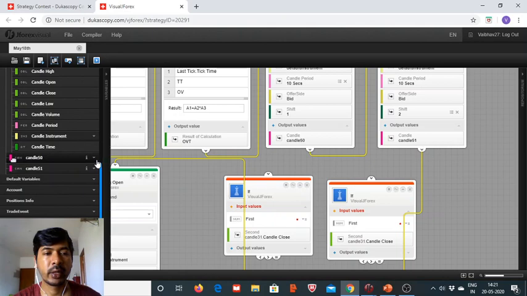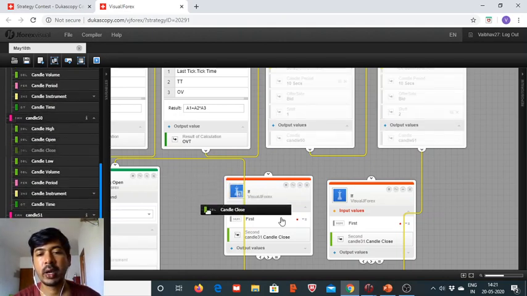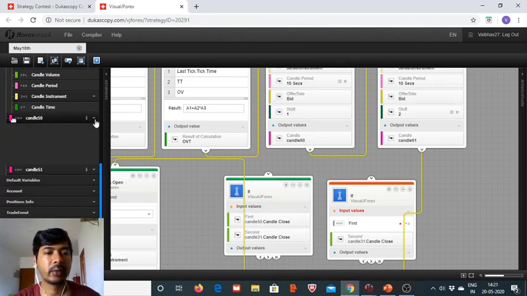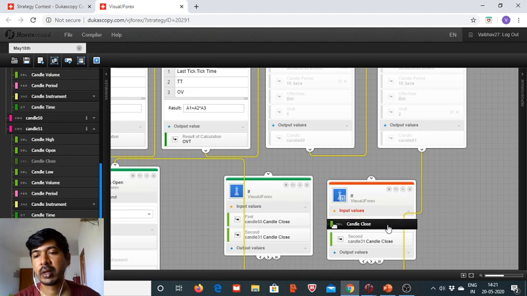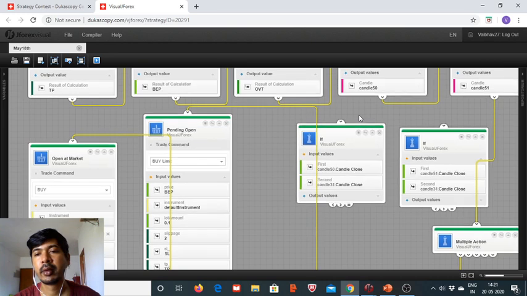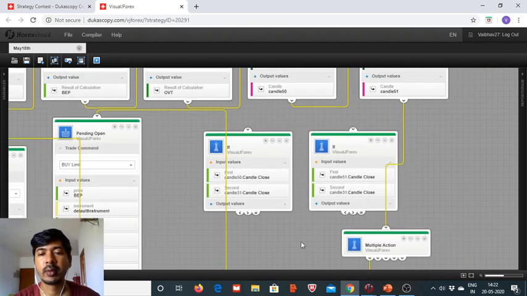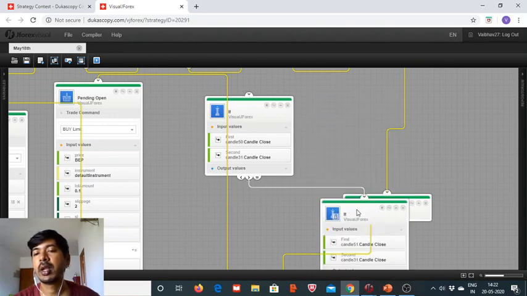It should be rising. That means candle 50's closing level should be higher than the candle 31's, and candle 51's closing level should be less than the candle 31's close. Means the price is starting to move higher, and we define it like this: candle 50's close should be greater, whereas candle 51's closing should be less.